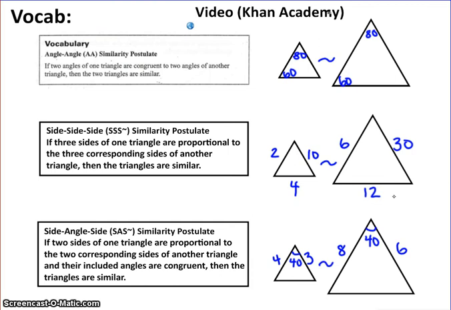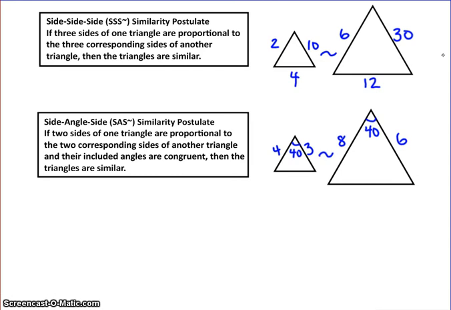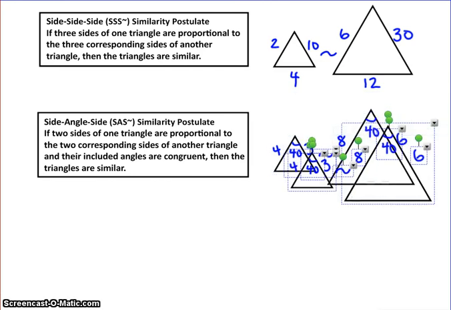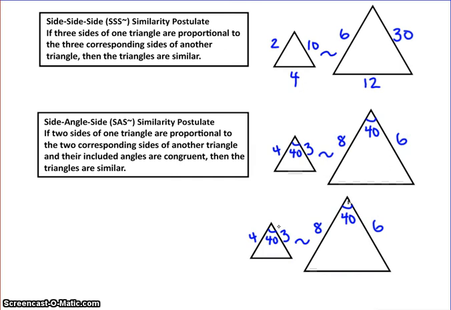Now let's say that we have another set of triangles, so I'm going to copy these. This time we have 4 and 3 and 40 degrees here, with 8 and 6 still in the same place but 40 degrees here.